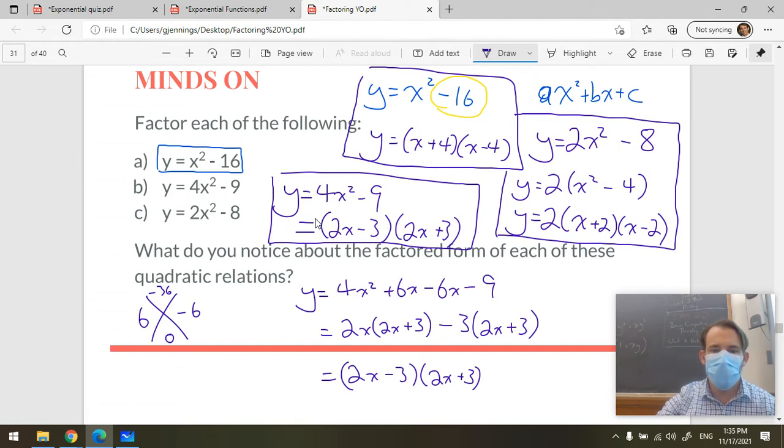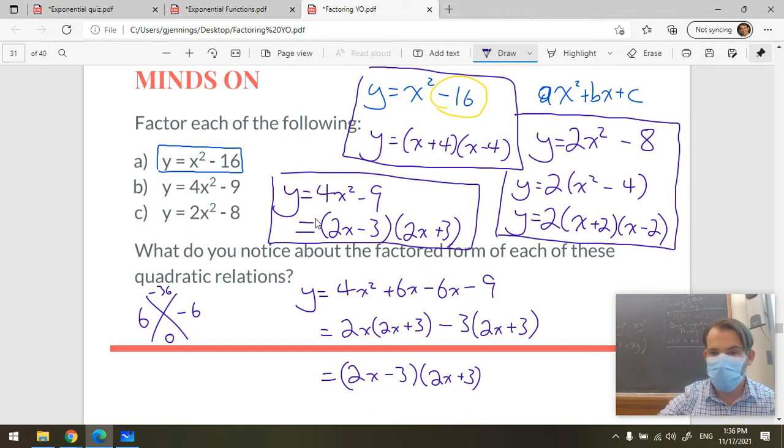Okay? Sorry. Here we have an a that's non-1. So this is a complex trinomial. So I need to use this method to decompose this middle 0x. And when I do that, it's plus 6x minus 6x. Notice, this is really awkward. You'll never have to do this after we get to the next page in this slideshow.